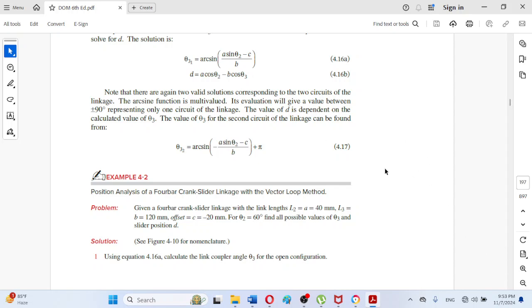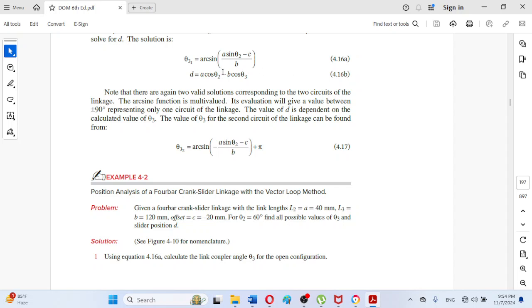We will be practically inputting the values and verifying the result, and whichever formula gives the correct values will be treated as theta 3 1 and theta 3 2, because conventionally the author has mentioned theta 3 1 for the right hand circuit and theta 3 2 for the left hand circuit, but practically this is not the case.